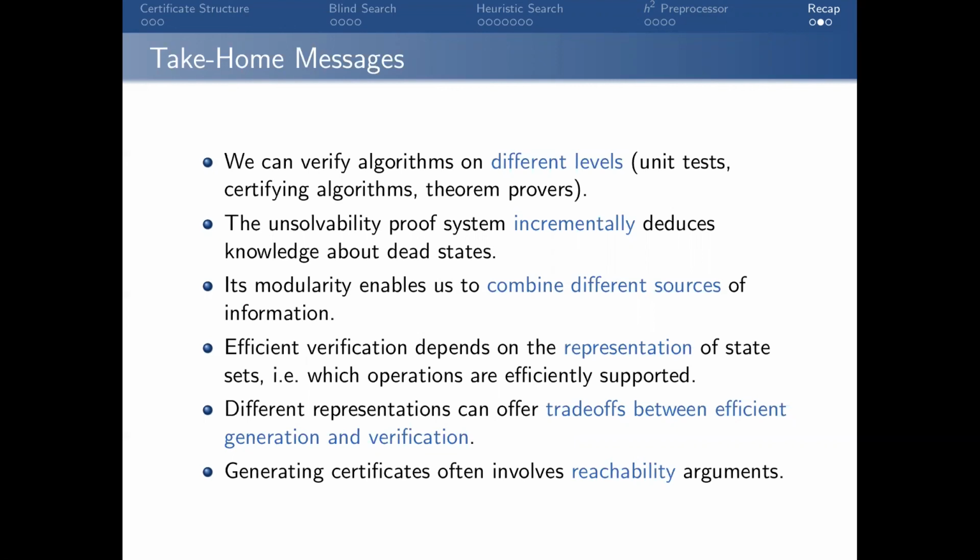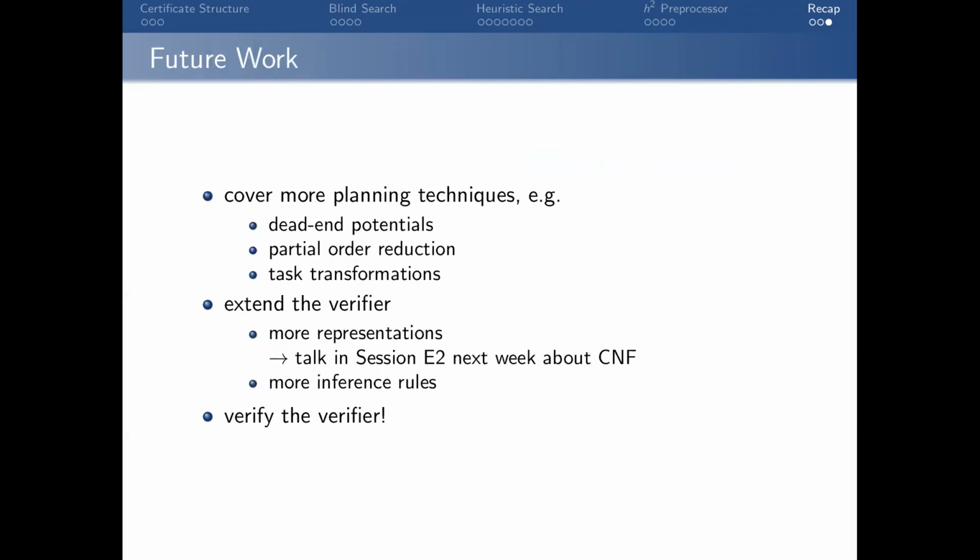Different representations can offer different trade-offs between efficient generation and verification. And usually, as you've probably noticed, generating certificates involves this theme of reachability argument of inductive set. And I just want to give a quick outlook on what more we can do with this.